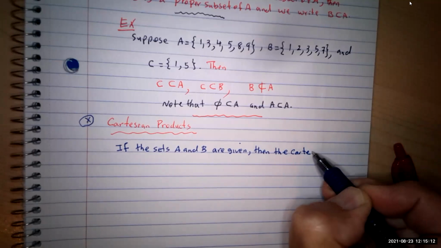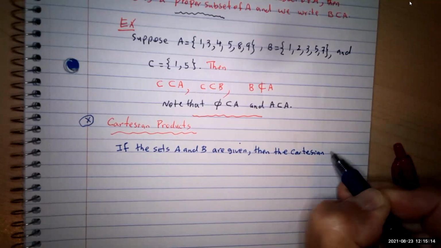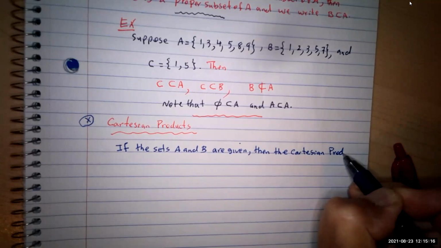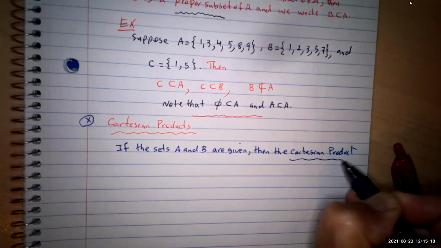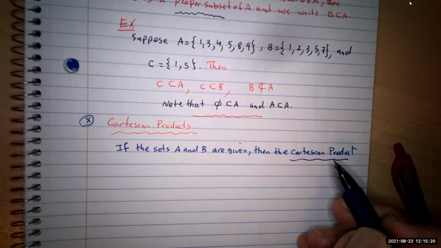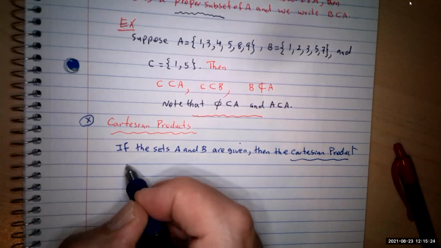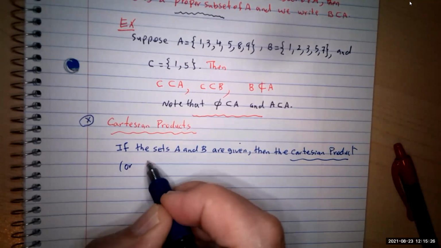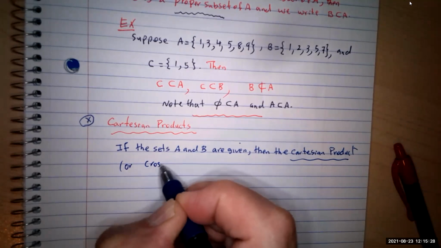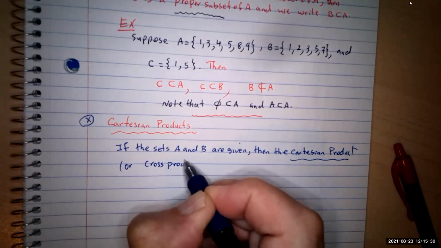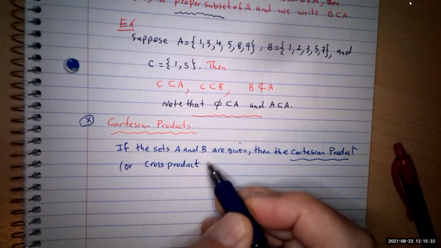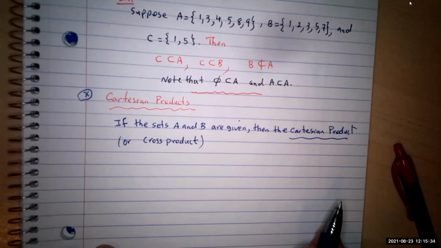Some people say a cross product, which is not the same thing really, but I write it down because it's in your book. Cross product is used for the vectors. Okay, just call it Cartesian product.